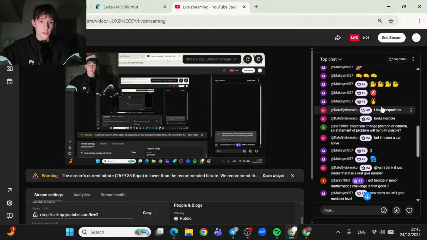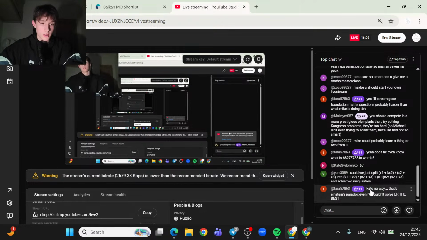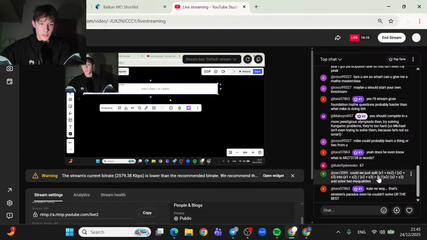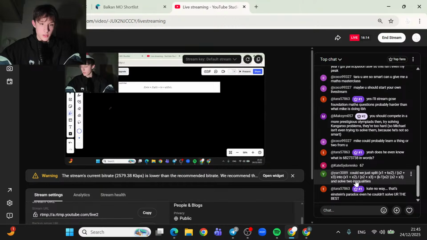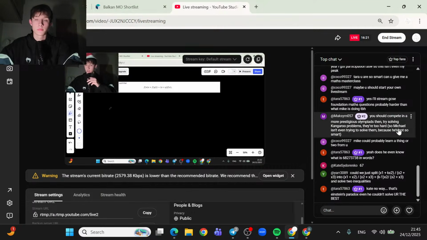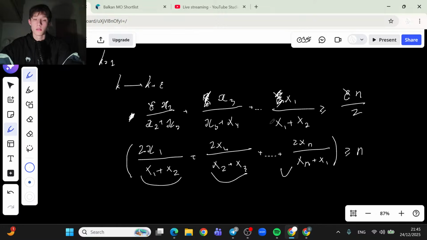That's solid. Okay, could we just split x1 plus kx2 over x2 into x1 plus x2 over x2 plus x3? Yeah, we could do that. The issue is that we can't really solve it with cyclic stuff because we do have an order in which it goes: x1, then x2, and so on, then xn.